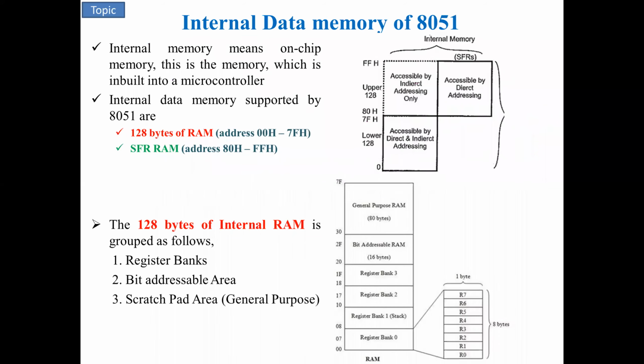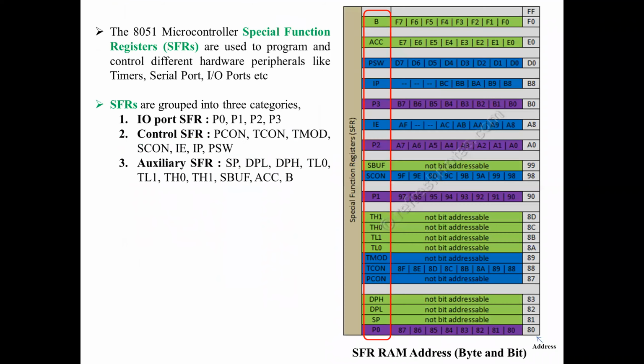The second part of RAM is the SFR, which we have already seen in the block diagram. Here the SFR registers are more specific for certain operations.